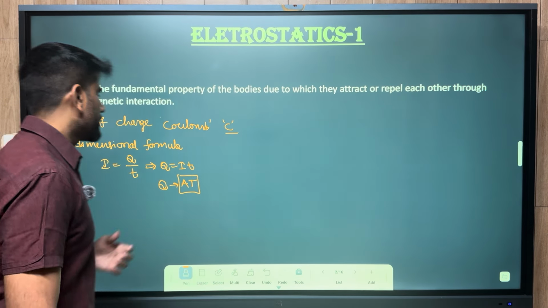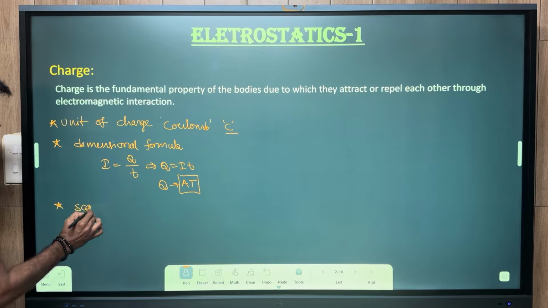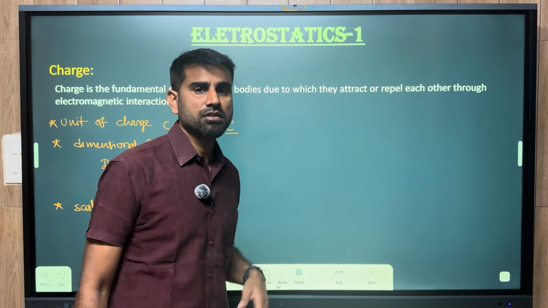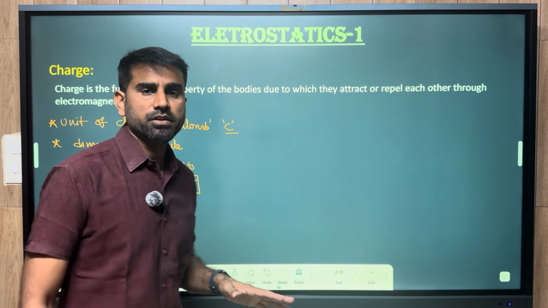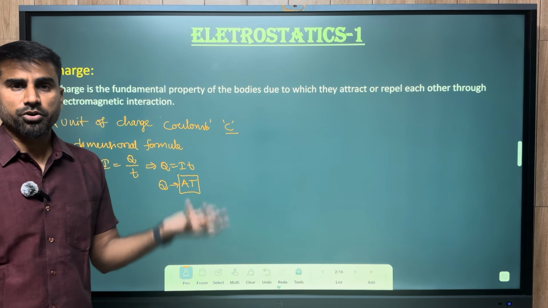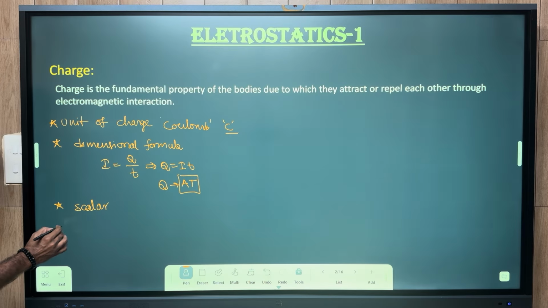Okay, and as we all know, this charge is a scalar quantity. It is independent of the direction in which we measure the charge. Rather we consider only the values, whether positive or negative.